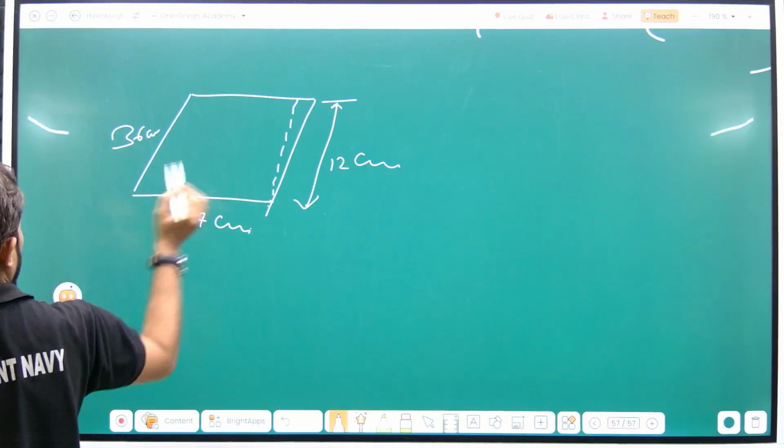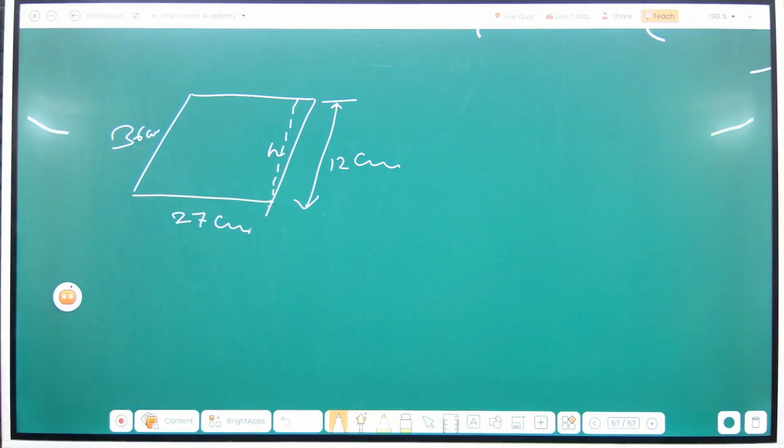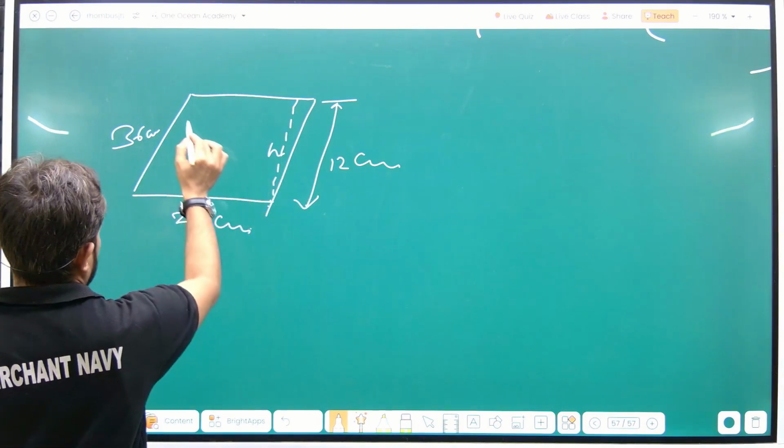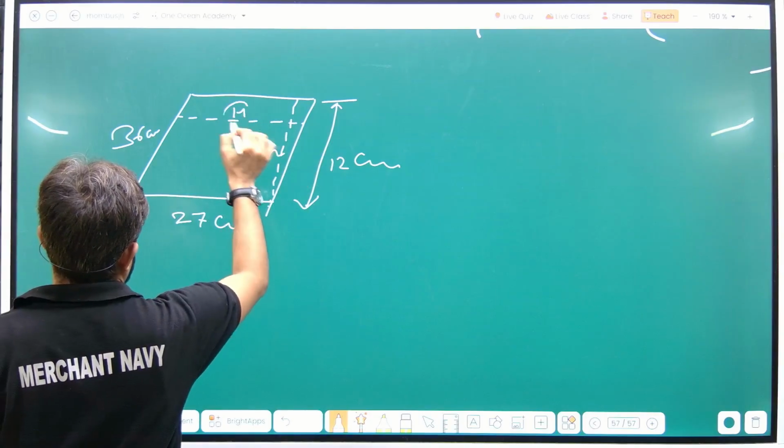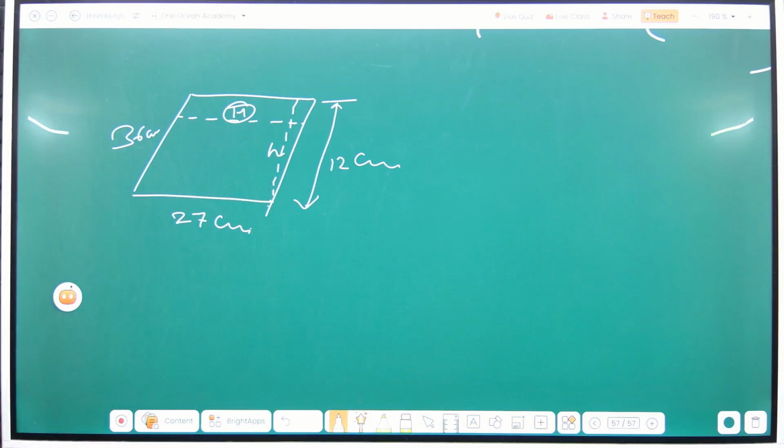It is clear? So the value of h is equal to 12 centimeter. You need to find the distance between the longer sides, that is 36 to 36. Let this be capital H.